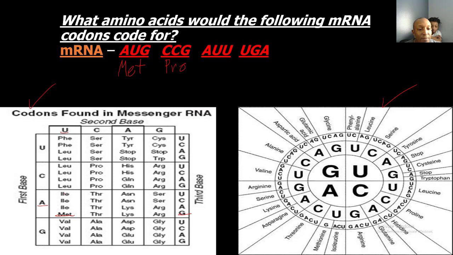So we start with A, U, and then we take this U across, and that will code for isoleucine. And I apologize, it should be isoleucine instead of isolene. And then let's look at our fourth one. We have UGA. Let's use our codon wheel for this one. UGA, and that would be our stop codon.